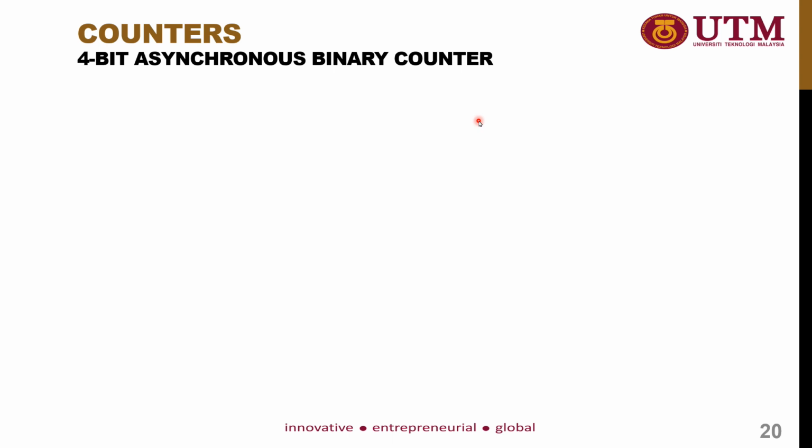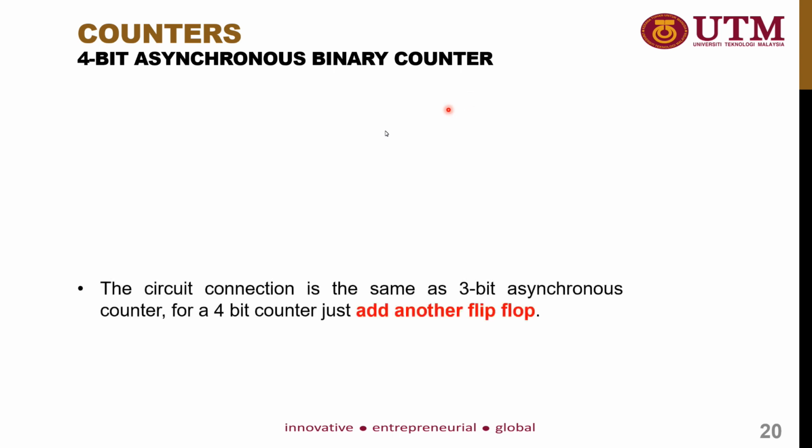So next is the 4-bit asynchronous binary counter. Can you guess how we can design the 4-bit asynchronous binary counter? The circuit connection is just the same as the 3-bit asynchronous counter, but for a 4-bit counter, you can just add another flip-flop.